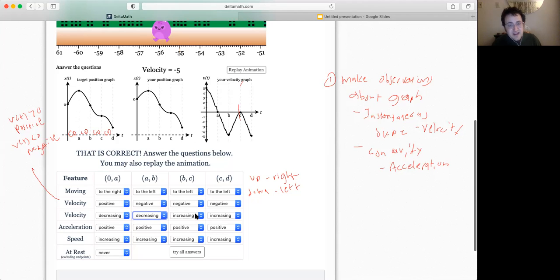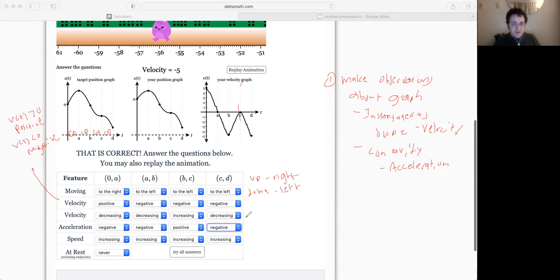Then we have an increasing velocity from B to C, and then we're seeing a decreasing velocity again from C to D. For acceleration, decreasing velocity means that your acceleration is going to be negative, and increasing velocity means that it is going to be positive. I will say that these two rules play hand in hand.